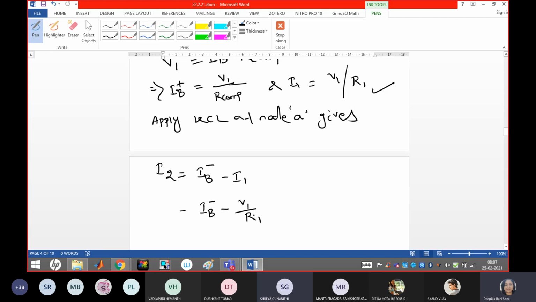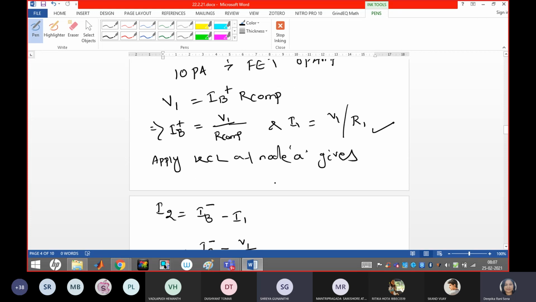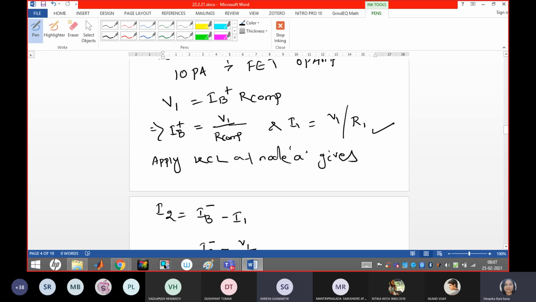If I rewrite the equation, what can be the value? V1 we already got: IB plus into R comp. Somebody please mute your microphone, to whom I talked recently. So IB plus into R comp whole divided by R1.